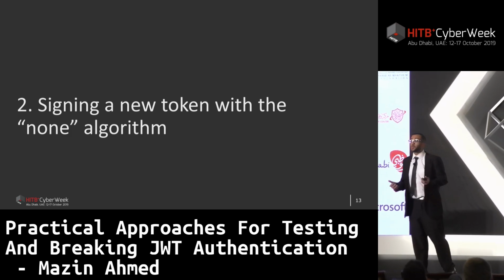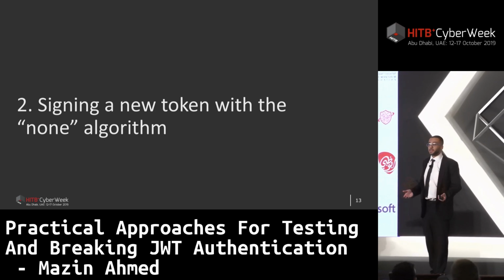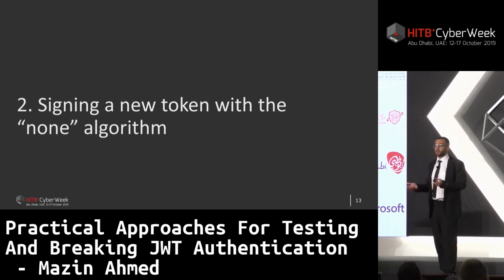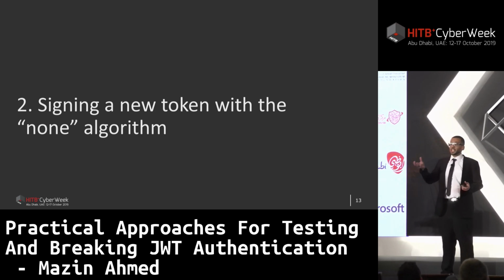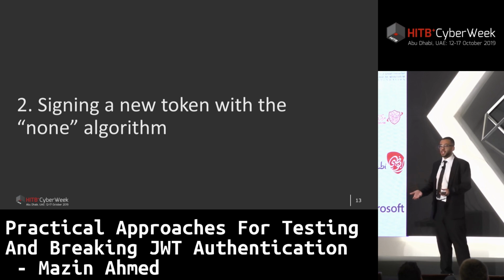so how to obtain the JWT token? Typically, if it's being used in a web application, you would get it in the response. So when you authenticate with a login page, for example, you would get it in response if your credentials are correct. Same way that you get the session cookie, but in this case, you won't be getting a typical session cookie.